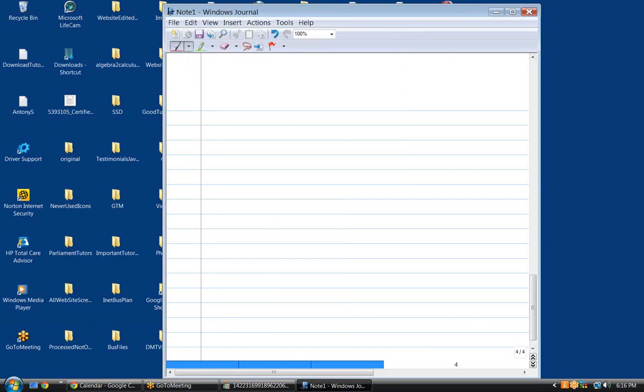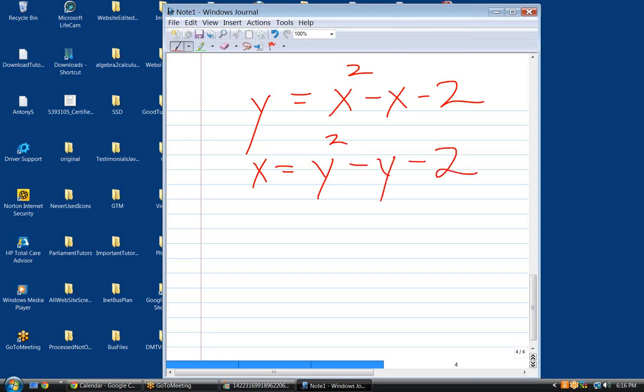Okay. I'll give you one that'll make you think for a moment. It's the inverse of that. First step? It's the x equals y squared minus y minus 2.